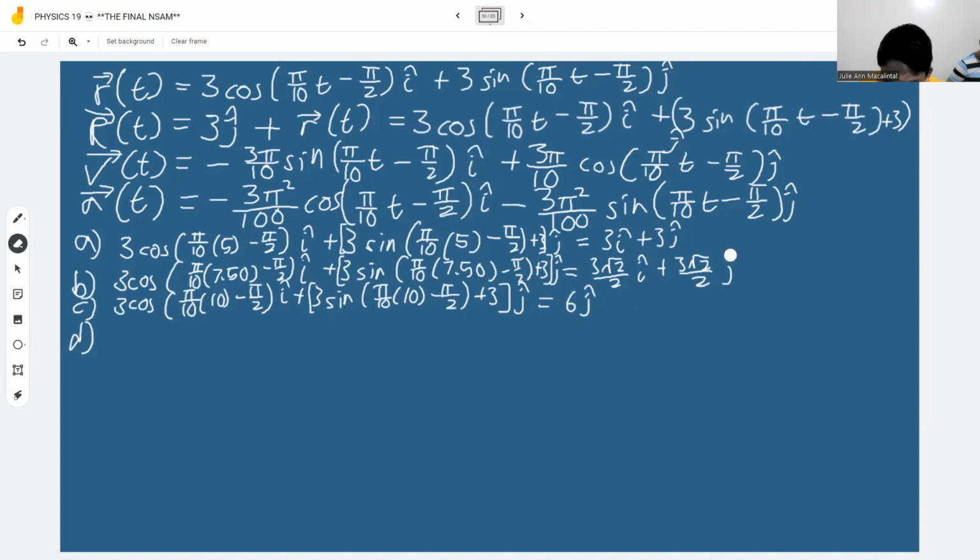So nag-start starts at 0. Ngayon, so and then other ways of doing this, no? So T is 5, 7.5, and T equals 10.